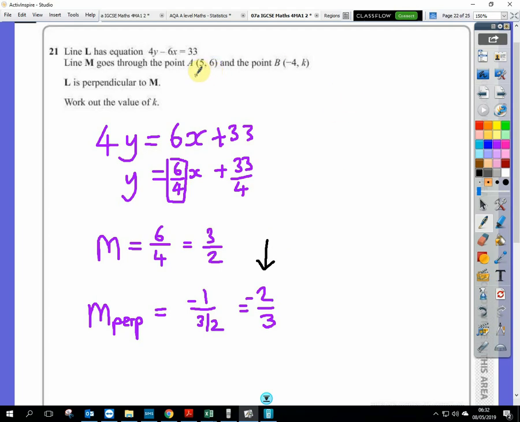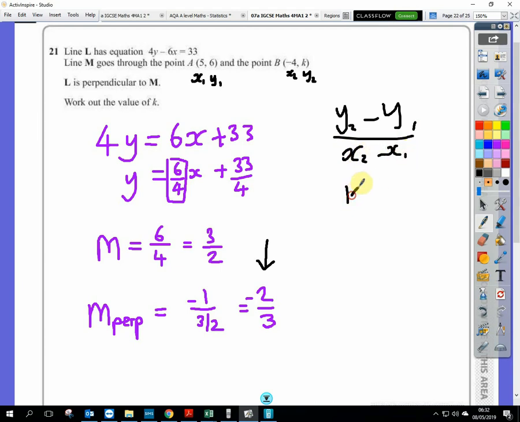So we can use the formula for gradient between 2 points. Set it equal to negative 2/3. So we have x1, y1, x2, y2. And the formula is y2 minus y1 over x2 minus x1 for the gradient.